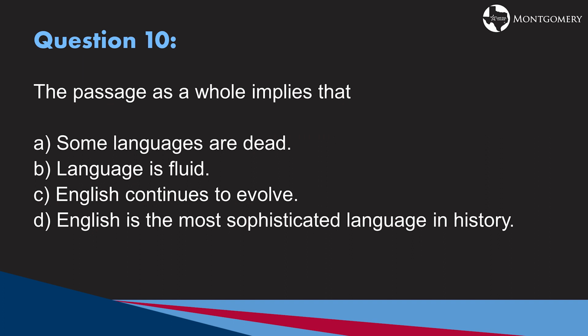As you're going through these, be careful and watch out for any answers that might be biased, such as D, which we can cross off. If we're looking through, the answer that has the most support is C, English continues to evolve.